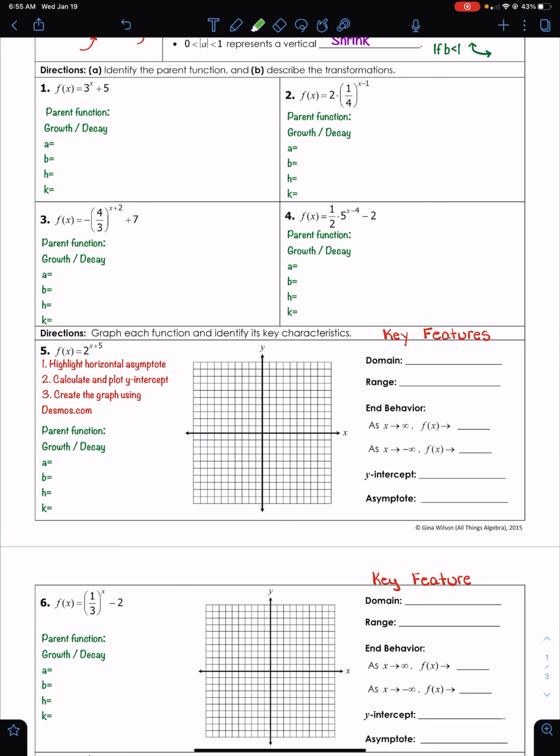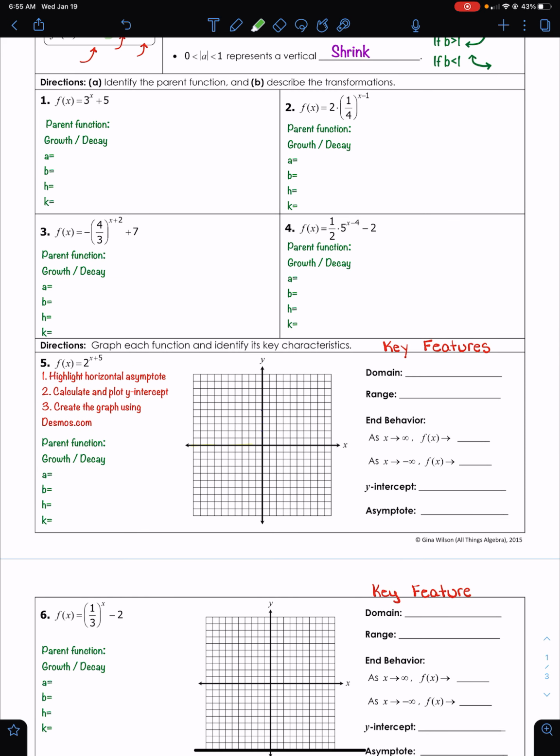Okay, so let's look at some of those. The first part, what we are going to do is identify key features just given the equation. So we're not graphing on these first ones. The parent function on this one is whatever the base is to the exponent power.